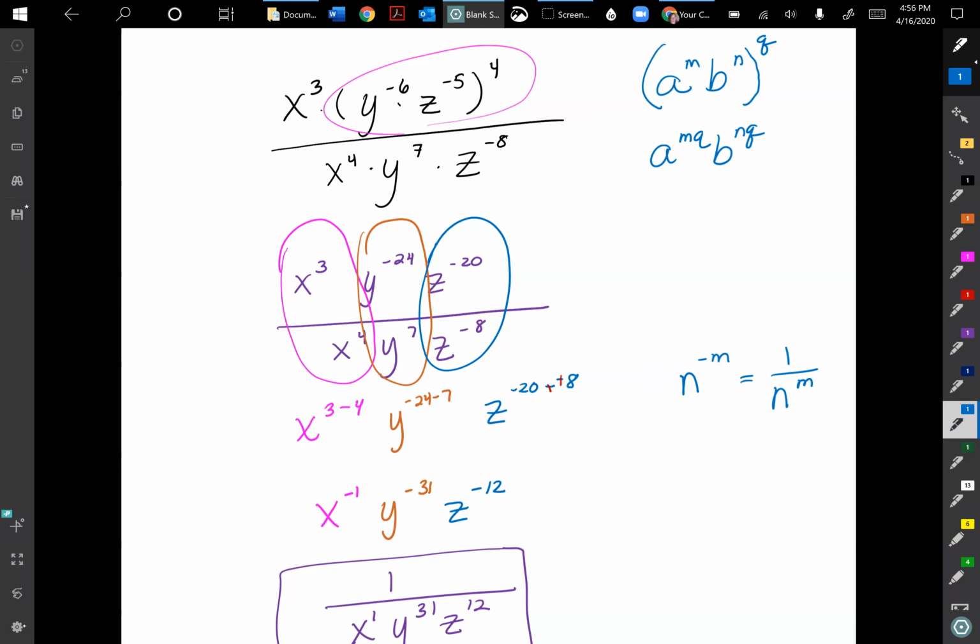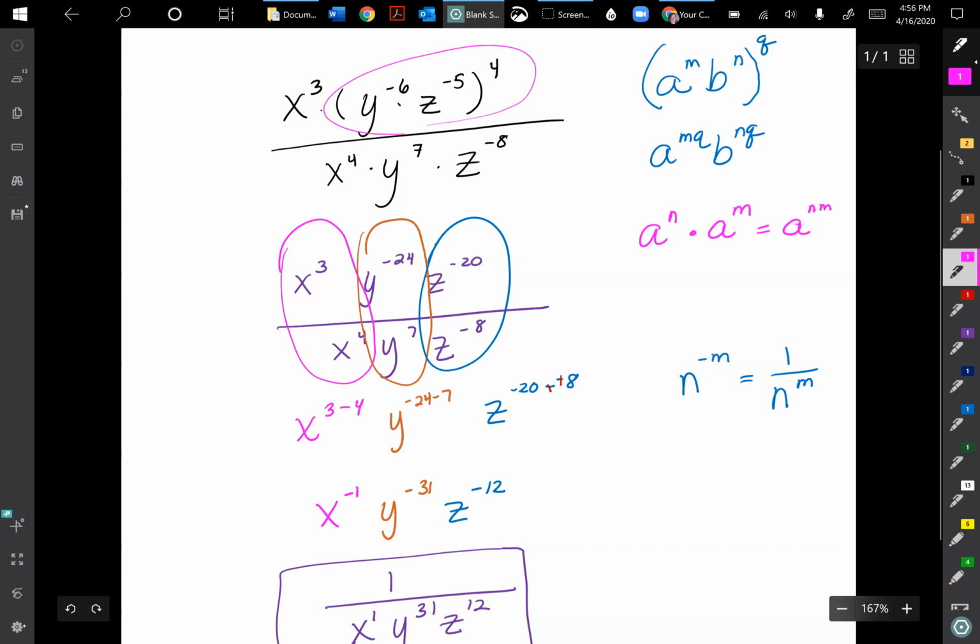If we have something like a to the n times a to the m, so I have like bases and I'm multiplying those two together rather than raising up, that's where I just keep the base and add the exponents, n plus m.